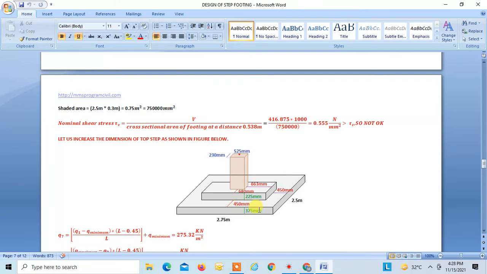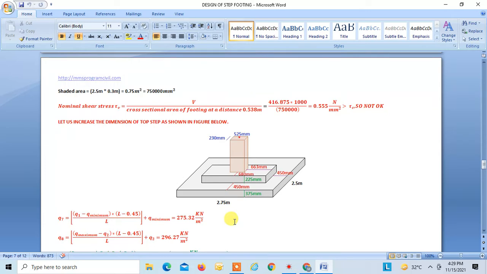You can always try a better combination which gives you the best economy. I'm making this change as shown in this figure. Now let me check whether this assumption is okay and satisfies the one-way shear and two-way punching shear criteria.